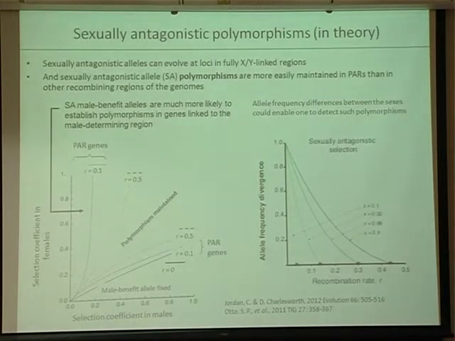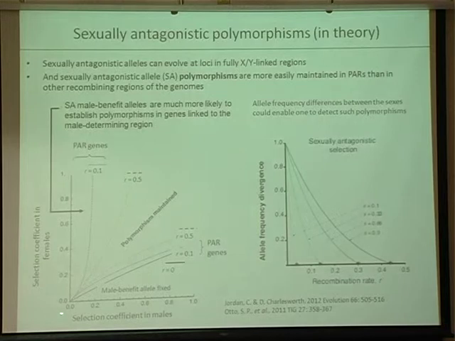I said that if in the recombining region you establish a polymorphism, so that you have a two-locus polymorphism for a sexually antagonistic gene and a sex-determining region, that could select to suppress recombination in a new part of that chromosome pair. And you can show that if you have sexually antagonistic mutations, which is not entirely clear, they might be a very, very rare kind of mutation, that you would be able to establish polymorphisms.